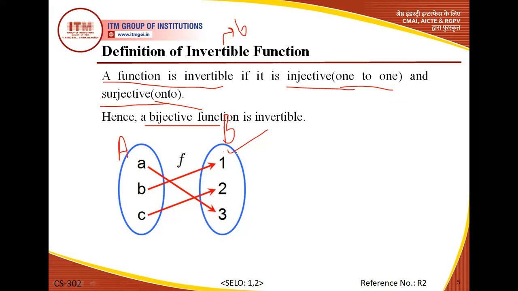The range is equal to the codomain, hence we would say that it is onto also. Now, if the function is one one and onto both, then it is invertible. So this is an example of an invertible function.